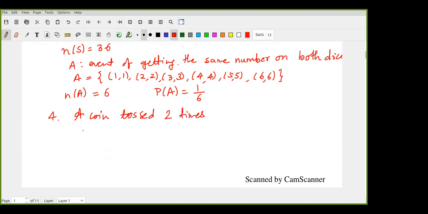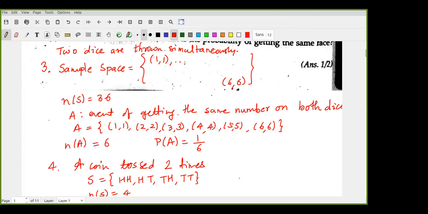So we know that the sample space is going to be head, head, head, tail, tail, head, tail, tail. N of S is 4. Now what they want is the same face.